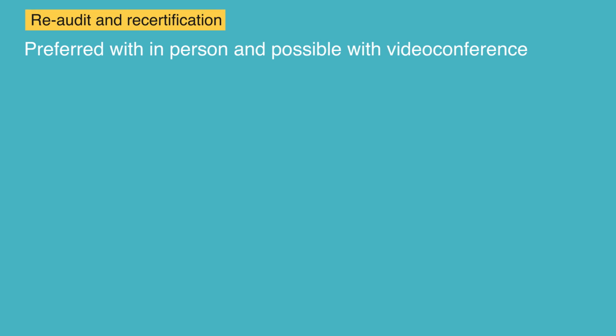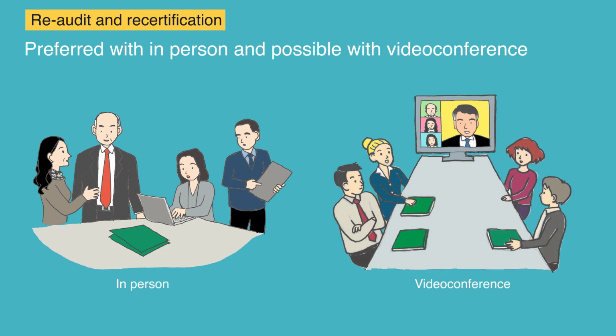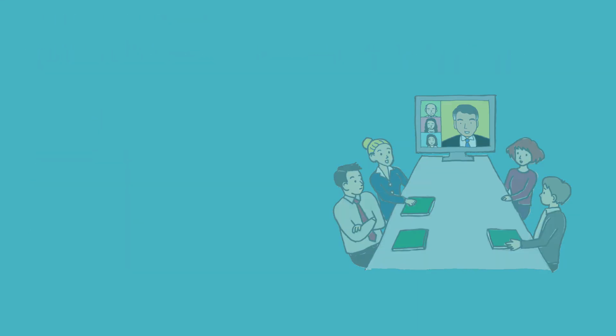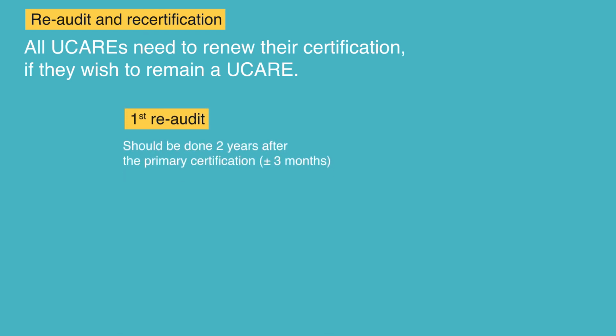Re-audit and recertification. Re-audits are preferred in-person and possible with video conference. All UCAREs need to renew their certification if they wish to remain a UCARE. The first re-audit should be done 2 years after the primary certification.